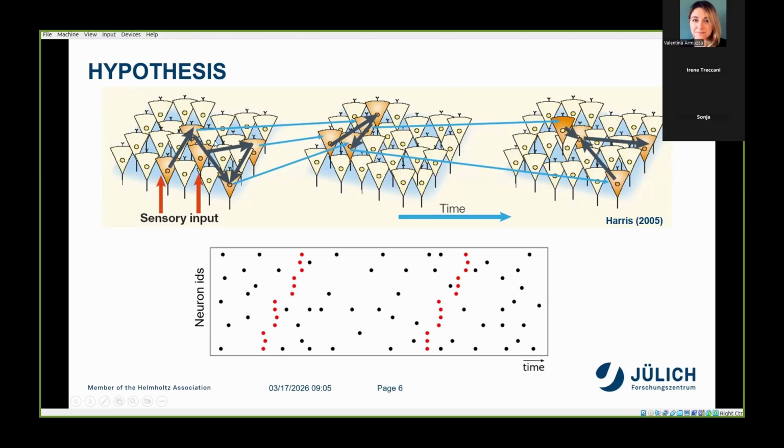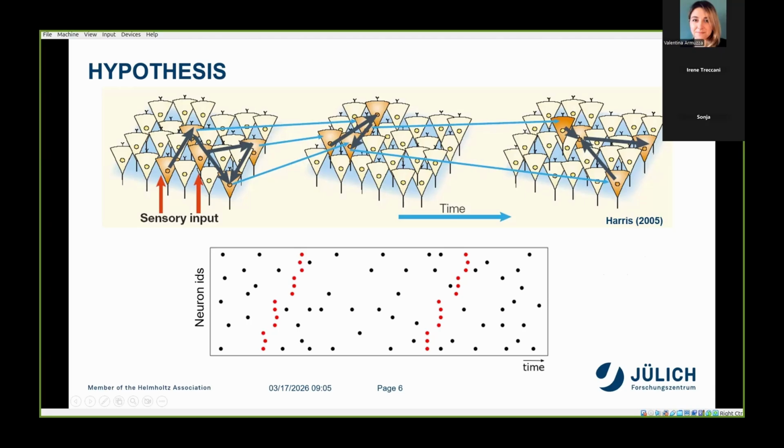Then you could notice that neurons of this group are synchronously active, then with some delay, a group of neurons within this group, and so on. This is a hypothesis which I'm working with.